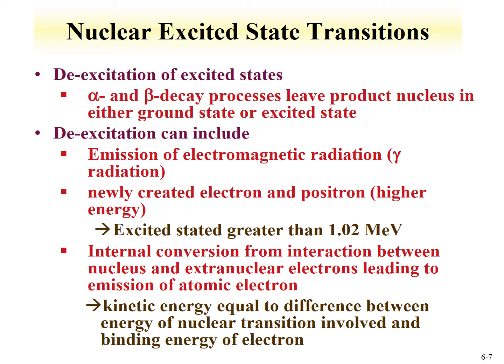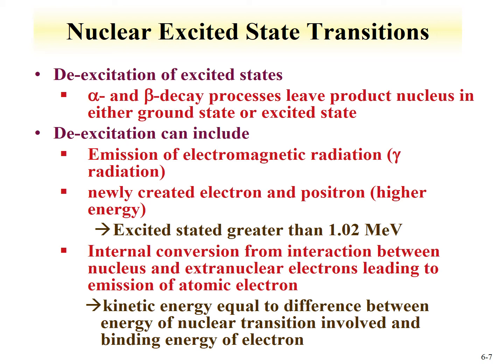When nuclei decay by alpha or beta processes, the transition from the parent to the daughter state can leave the daughter in an excited nuclear state, and that's what we've been discussing when we talk about gamma decay. So that's the deexcitation of this daughter state, and if it emits this electromagnetic radiation, a photon, we call that gamma decay. However, there are other routes that are accessible for this deexcitation.